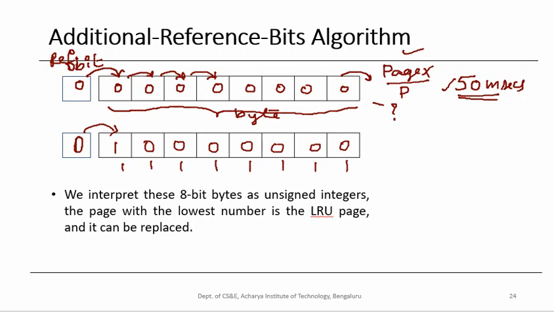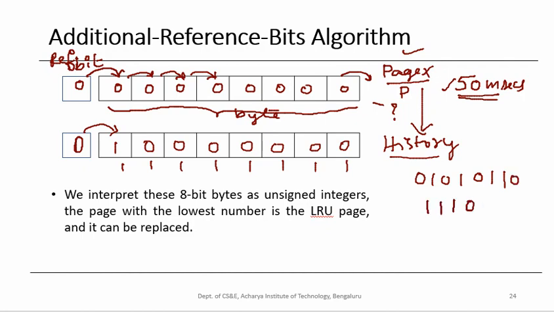So this byte is giving us the history of references made to this particular page X, for 8 time periods. Now you can look at this value. If there is a value something like this, then this is a greater value compared to this.